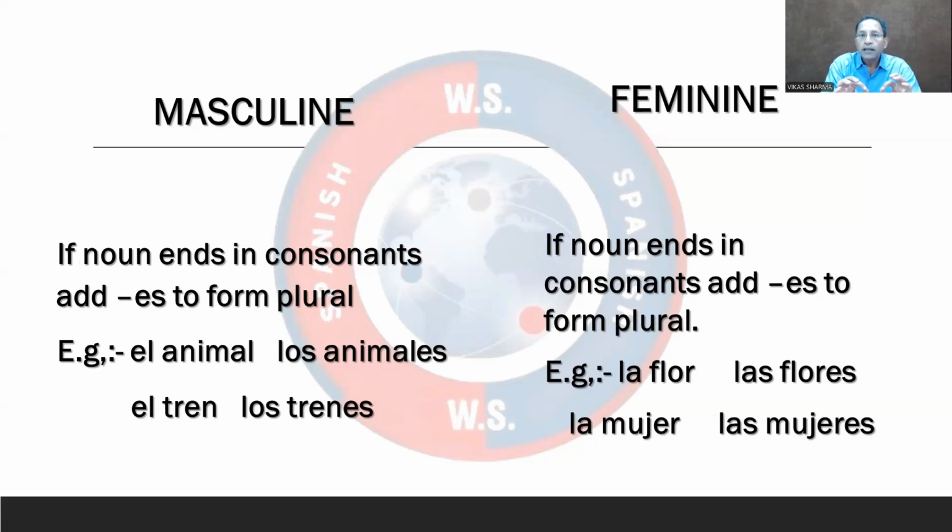El animal, los animales, el tren, los trenes. Coming to the feminine part. Again, if a noun ends in a consonant, just add es to the end of the noun. For example, la flor, las flores, la mujer, las mujeres.